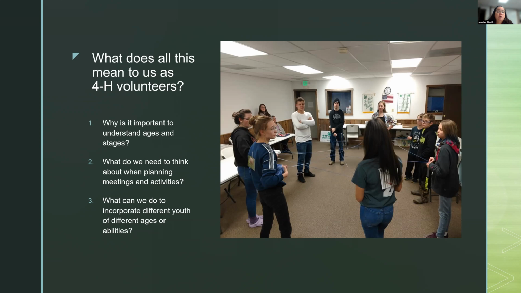So as we're planning those activities, it's really important to remain mindful of how this activity is going to work with an 8-year-old and a 14-year-old doing the same activity. Sometimes it's hard, and sometimes it's not nearly as hard as we think it's going to be.